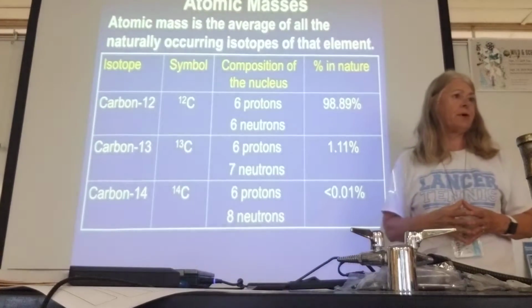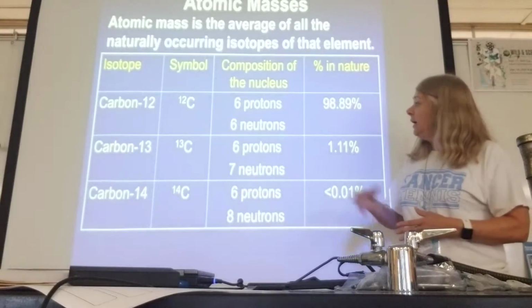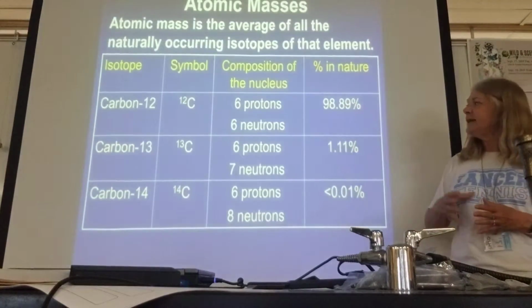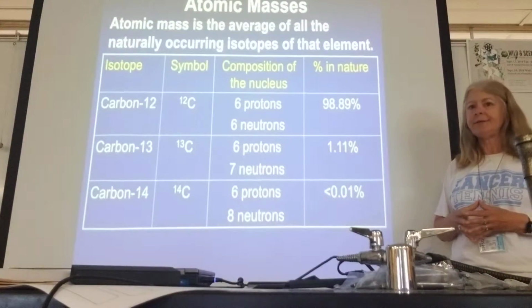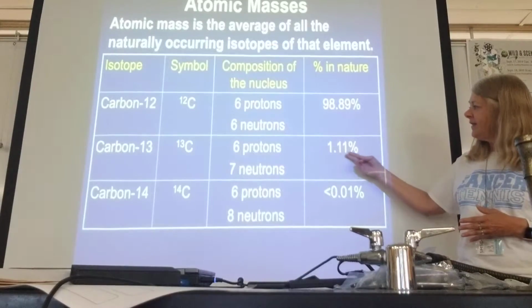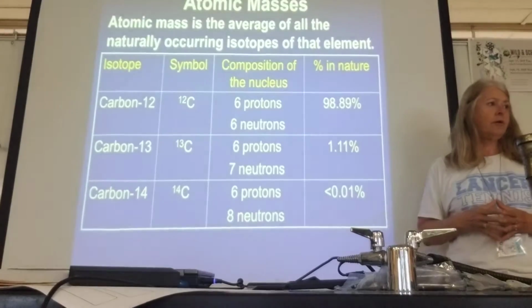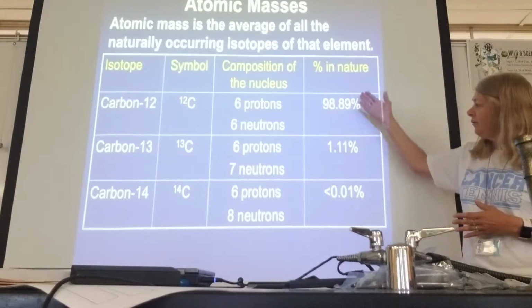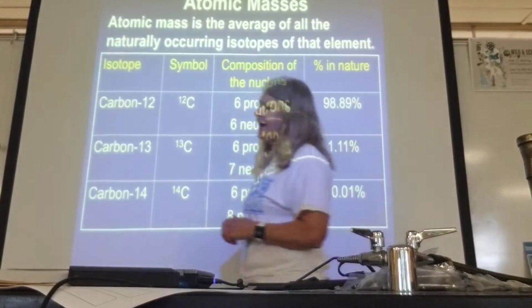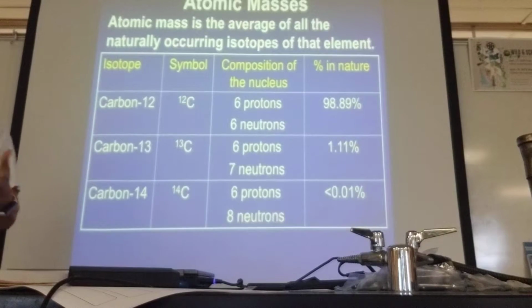Those are the mass numbers. The abundance of this one is nearly 99%. This is 1%, and the carbon-14 is hardly anything. Do you agree?